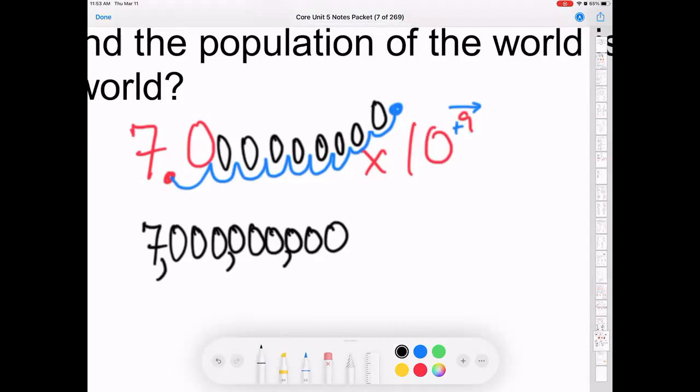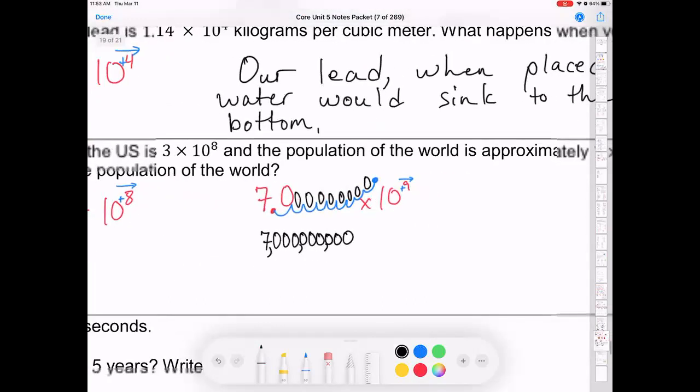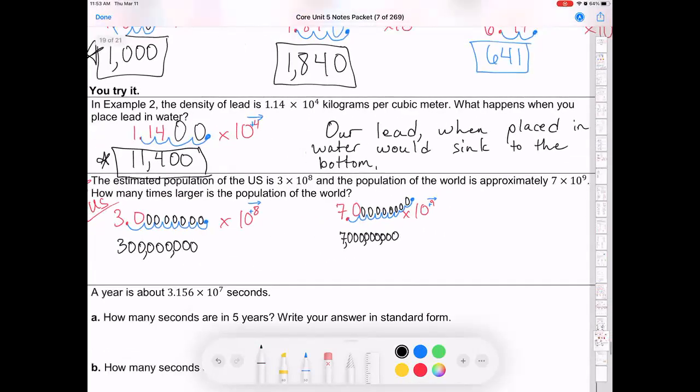Now the question becomes, how many times larger is the world population? If you have the US's population compared with the world population, how would you find out how many more times larger the world's population is?